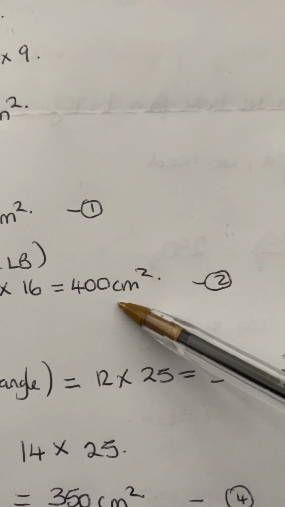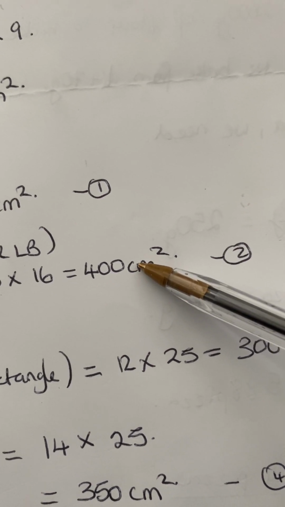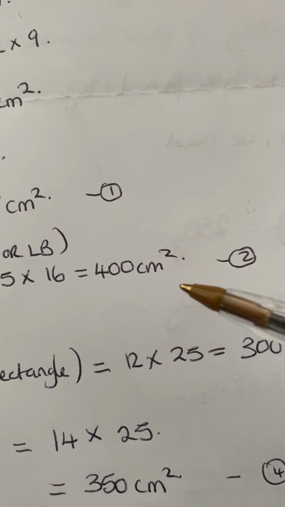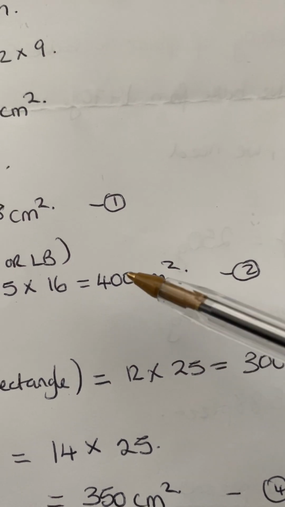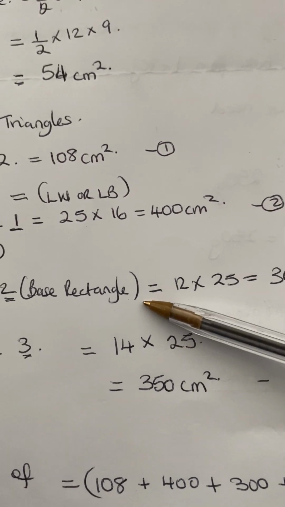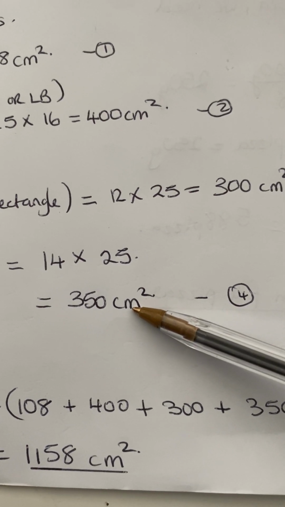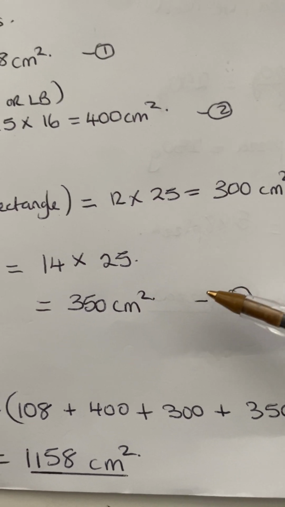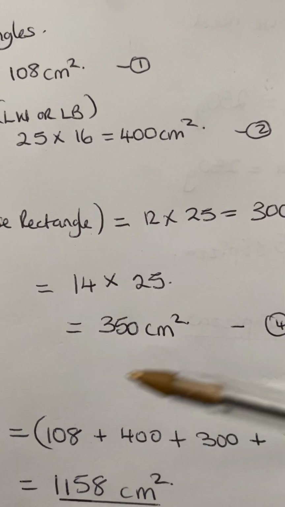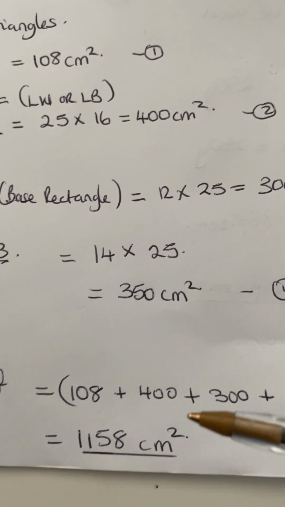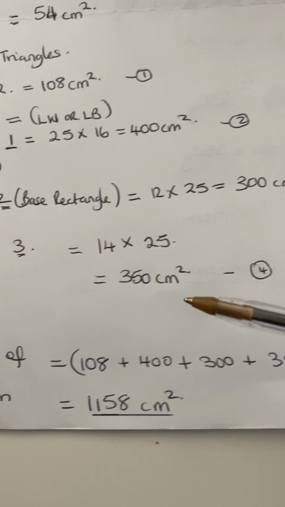We have 400 centimeters squared, which is the rectangle facing us, labeled 2. We have 300 centimeters squared, which is the area of the base of the shape.